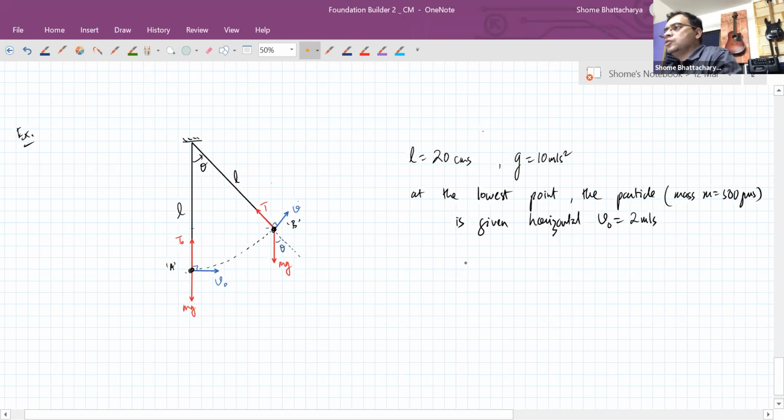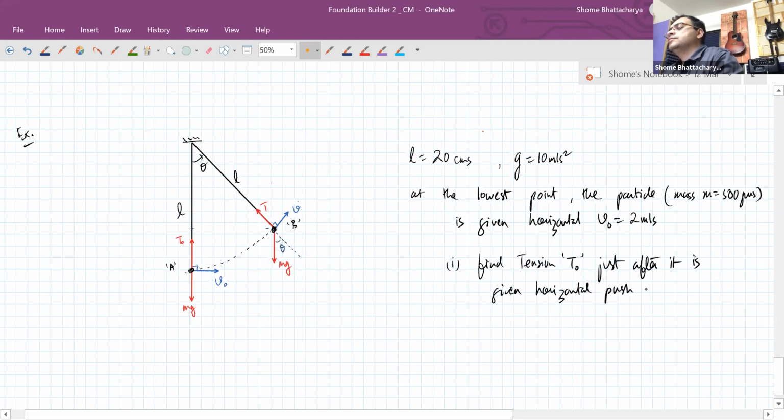Okay, so first thing, find the tension T naught just after it is given the horizontal push at the lowest point. Okay.